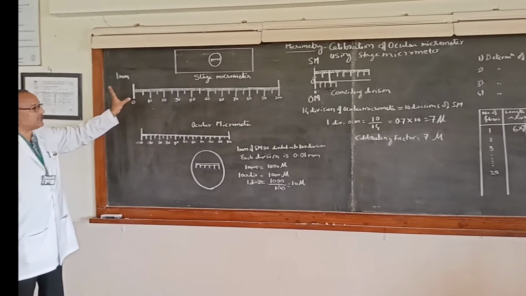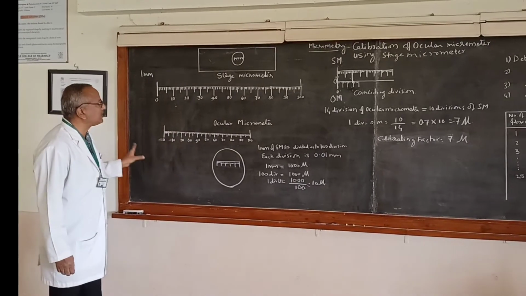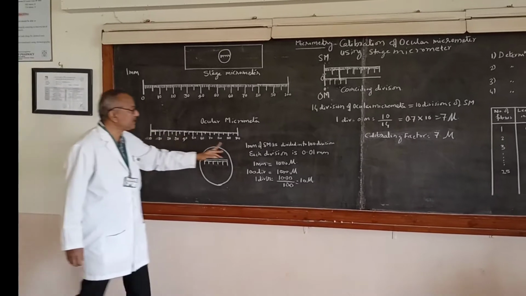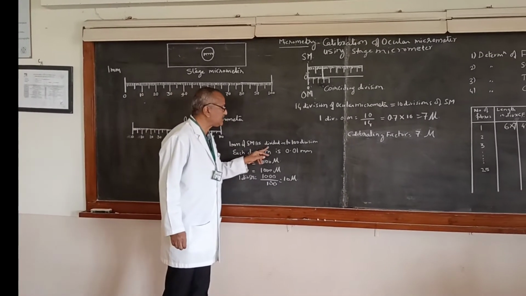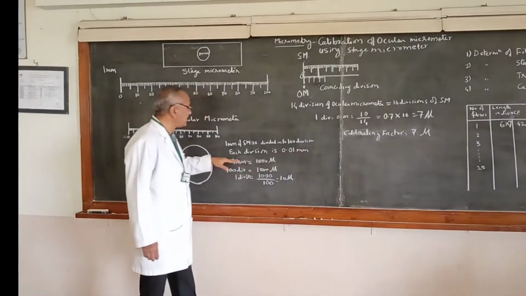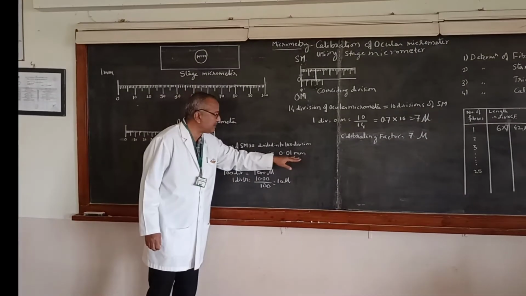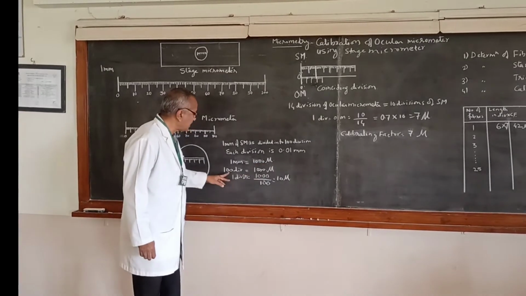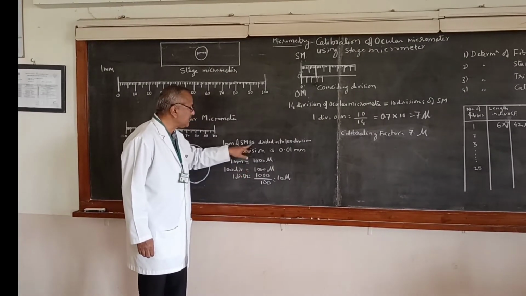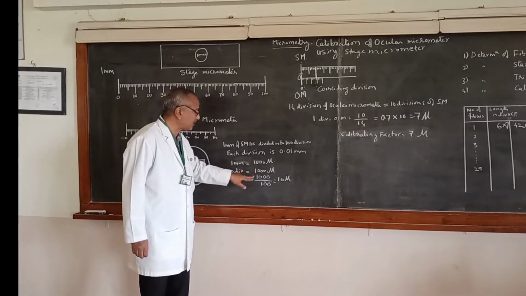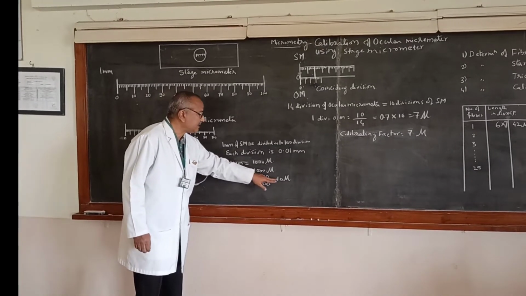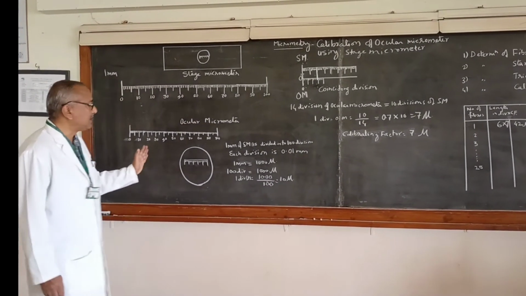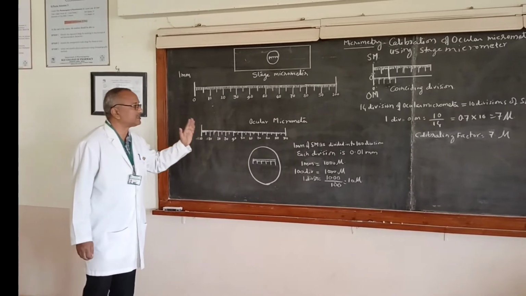The stage micrometer is divided into 100 divisions, and 1 millimeter is divided into 100 divisions, and each division is 0.01 millimeters. 1 millimeter equals 1000 microns, so 100 divisions of a stage micrometer is equal to 1000 microns. So 1 division is 10 microns. This is the calculation we are using for the standardization itself.